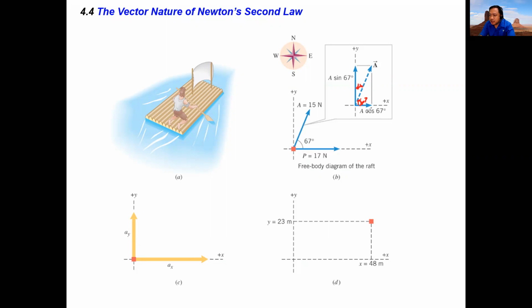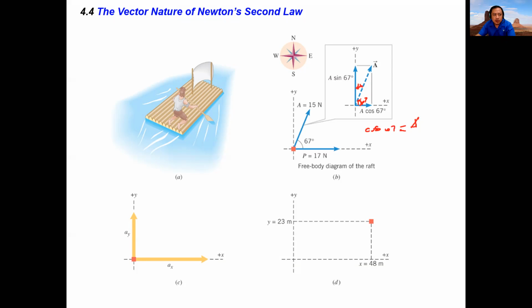Therefore, this is the cosine. It's written as cosine 67 equals adjacent over hypotenuse. So this is A adjacent, which in this case is A along x.